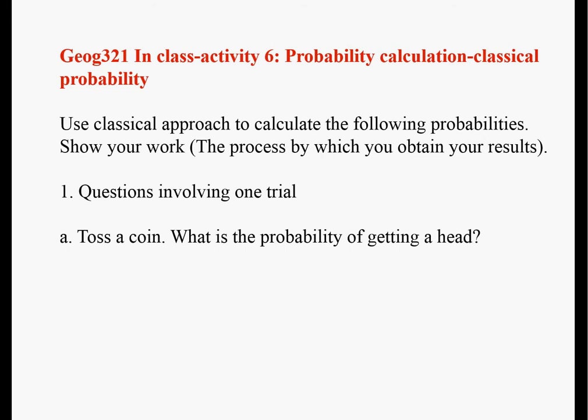As you may have seen from the class reading material, the classical probability calculation uses the total number of possible outcomes from certain experiments as the denominator and the total number of possible outcomes that we are interested in as the numerator.